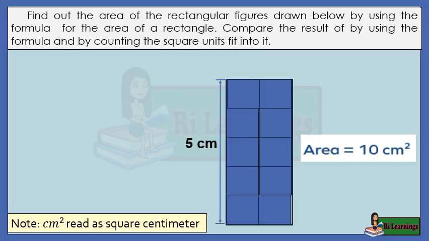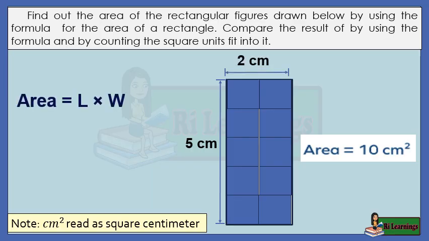While the width of the rectangle has 2 units square of 1 centimeter, the width of the rectangle will be equal to 2 centimeters. Using the formula, area equals length times width. 5 centimeters times 2 centimeters equals 10 square centimeters.